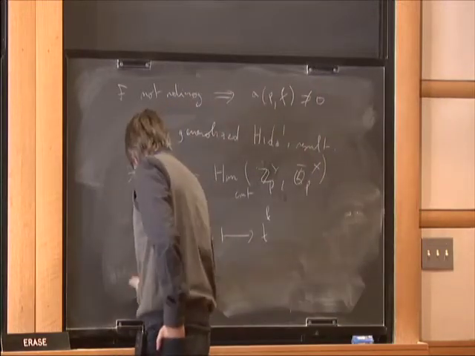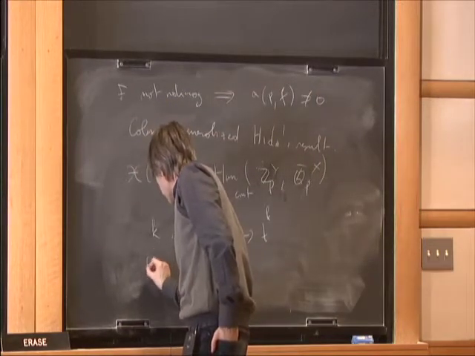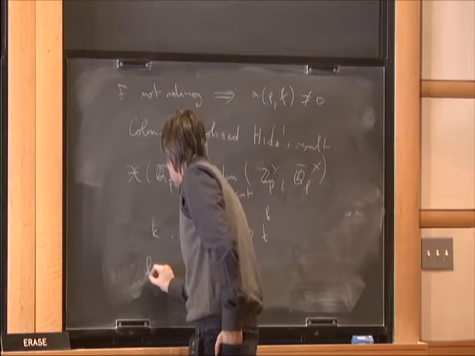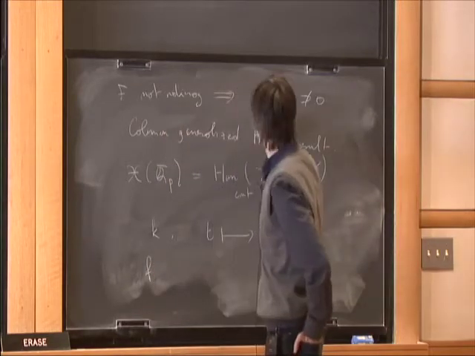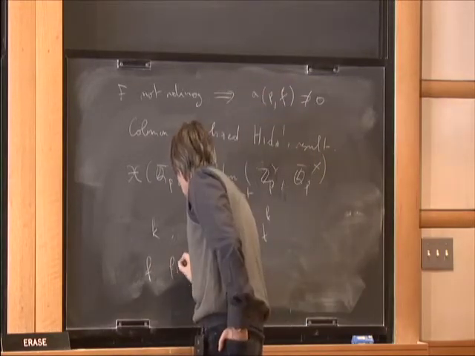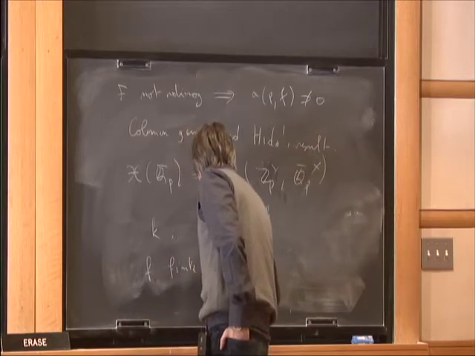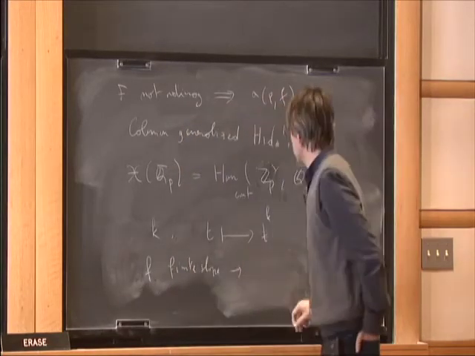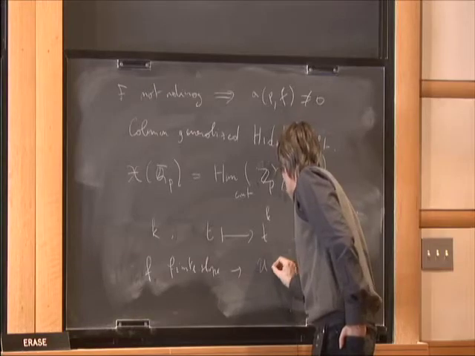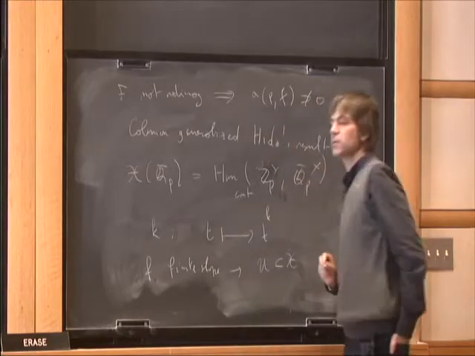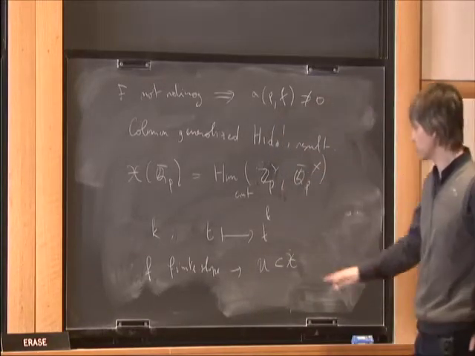And so Coleman proved that if you start from f, a finite slope eigenform, then you can find, let's say, U inside the weight space X, an affinoid neighborhood of the weight k.